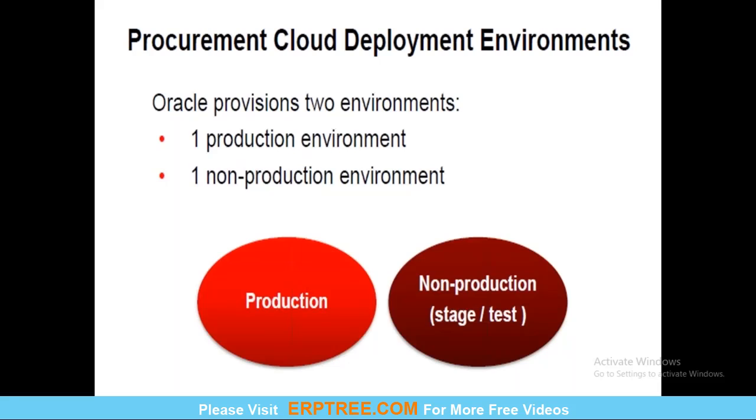As an initial implementation, these are the two instances mostly used. One is testing, where you set up everything and test the data, and then you move to production. That is how the environments work in procurement or SCM in Fusion Cloud.